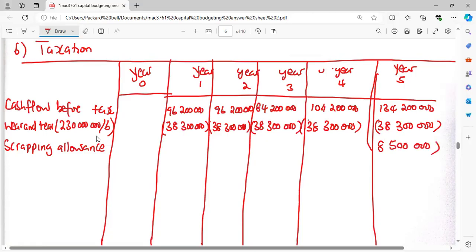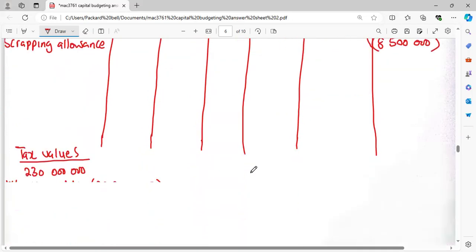I don't know if we are together on this part. If there's anyone with a question on this one, remember our FAC, MAC and tax modules go together. Those modules are integrated, which means at the end of the day, we need to understand the integration between them. Anyone with a question on the scrapping allowance calculation?